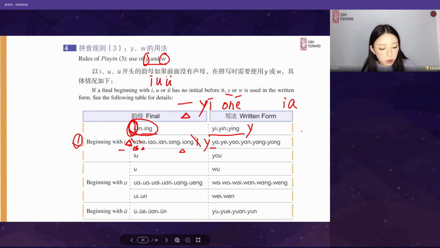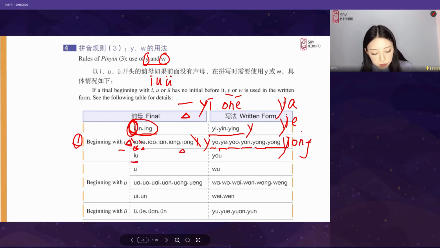When it is a syllable, we will remove i and we will put the initial y before it. Yeah. And for ye, we will remove final i and put initial y before it. And this yao is the same. Remove the final i, put the initial y. And this one is the same. And this one, yang, is the same. And the yong, okay, yong, don't forget it. It is yong. And we remove i and put the initial y before it.